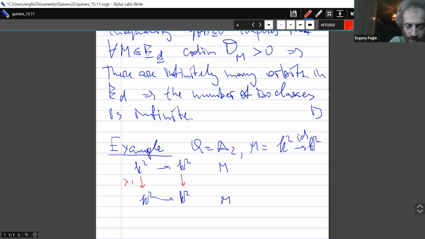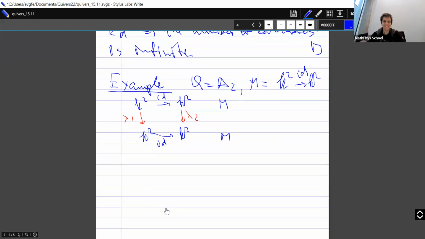So if we take lambda 1 here and lambda 2 here, and if the maps are identities, then you see that the square is not commutative outside the case lambda 1 is lambda 2, right? So does this make sense? Yes, my bad. Sorry. But at least if lambda 1 is lambda 2, then everything is fine.